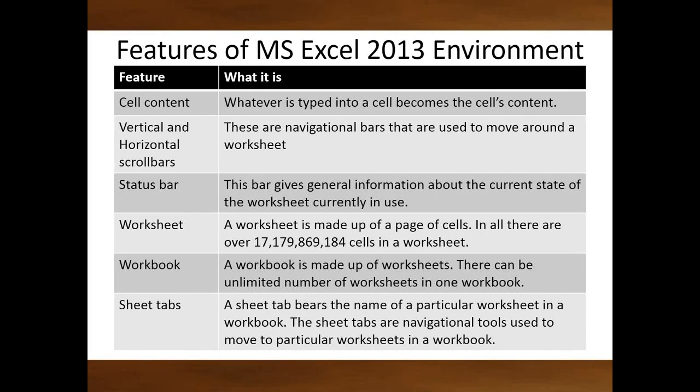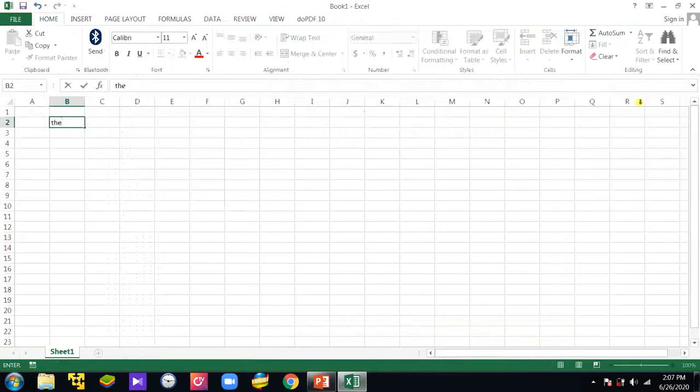So then what is a worksheet? A worksheet is made up of a page of cells. So a page of cells all put together form what is known as a worksheet. Therefore, all the cells we have here put together form a worksheet.